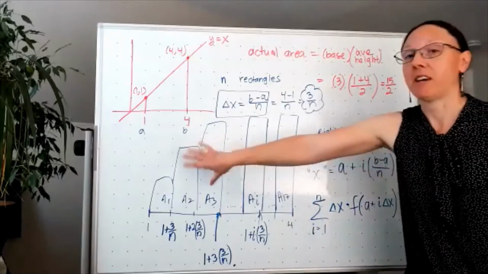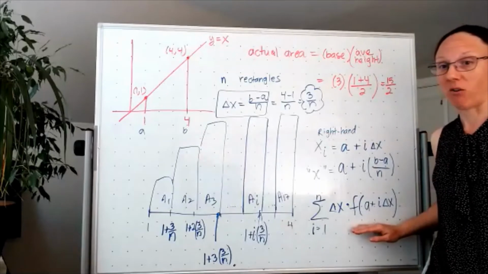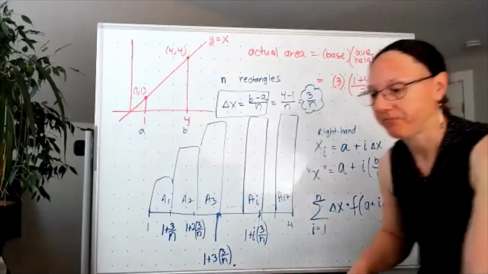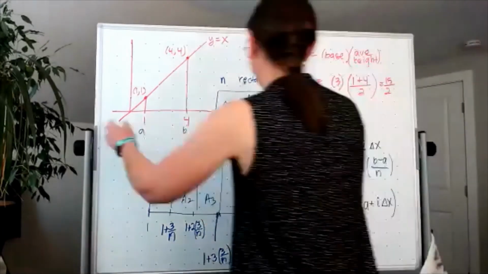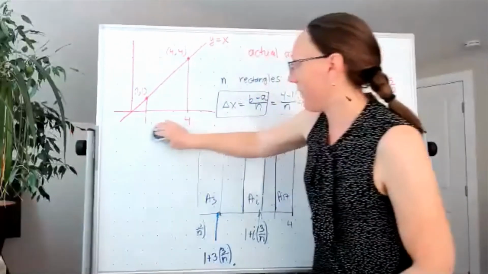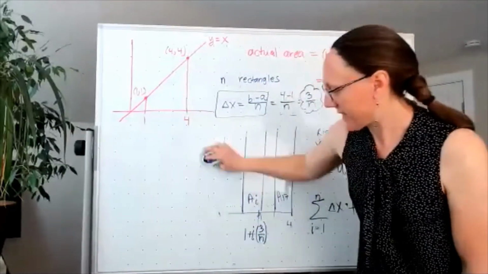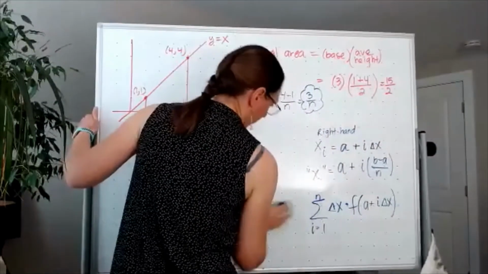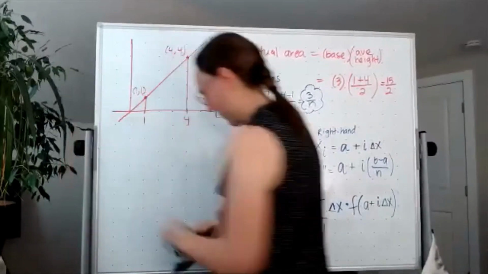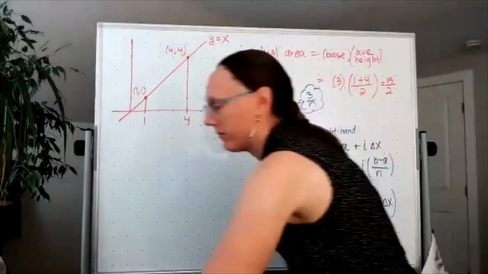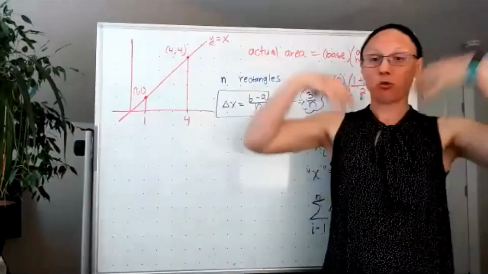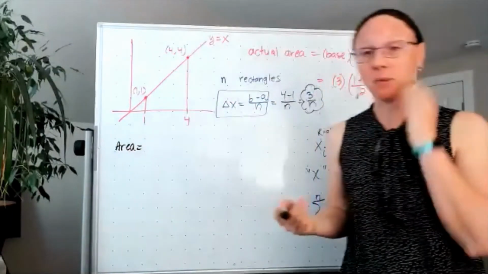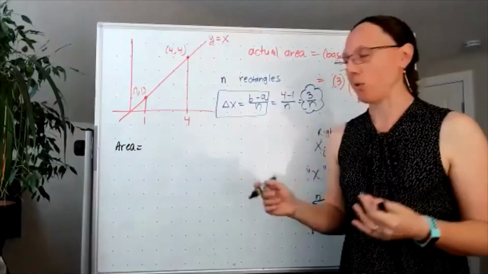I'm going to erase my fake picture of the rectangles and actually work this out for this problem, hoping that I've got enough space on here. I think it's going to be close. Okay. So this true actual area here, or rather our estimate, no matter what the number of n rectangles was.